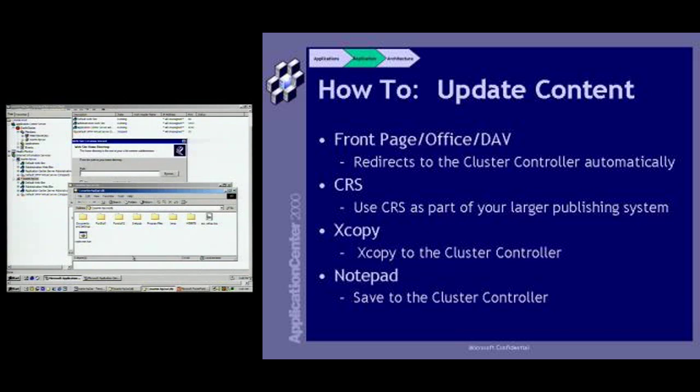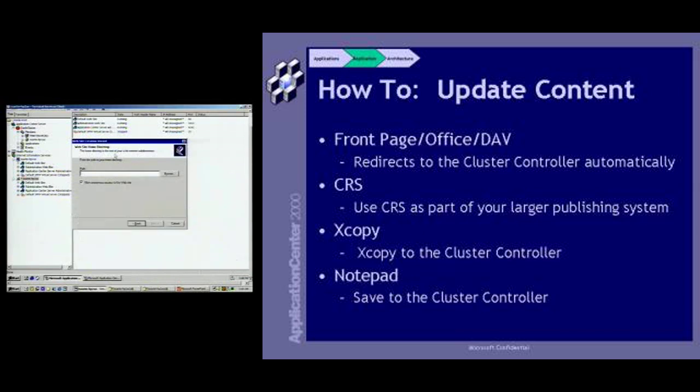So I'm going to create a website that points to the fun stuff directory. I'm going to show you how that website gets replicated to the member machine, and these files also get replicated. So let's go down here and finish creating this website.